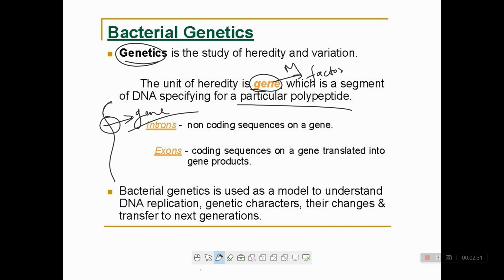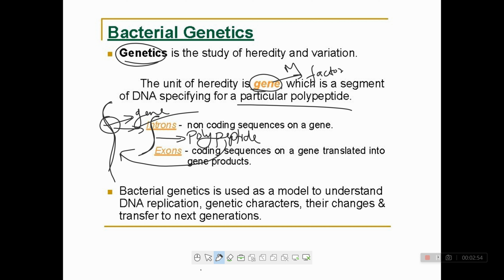This DNA is converted into mRNA, and this mRNA codes for a polypeptide. So all this depends on a gene, that is DNA.